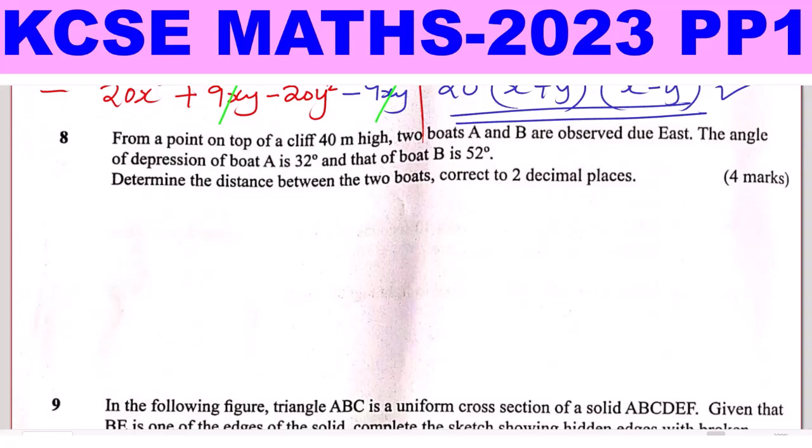Now the angle of depression of boat A. So let me start by drawing the cliff. Assuming that this is the cliff, there's a cliff, and then this is the horizontal ground here. So the angle of depression of boat A is 32 degrees.